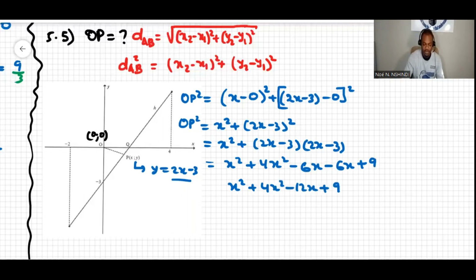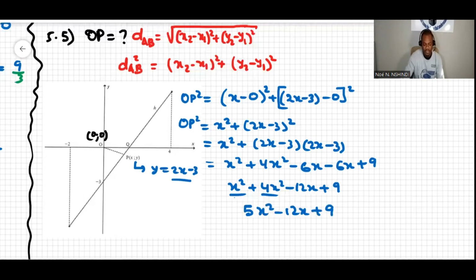Then we can combine like terms: x squared plus 4x squared makes 5x squared, and then minus 12x plus 9.